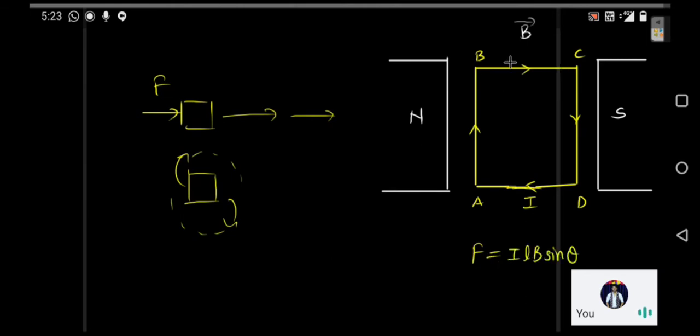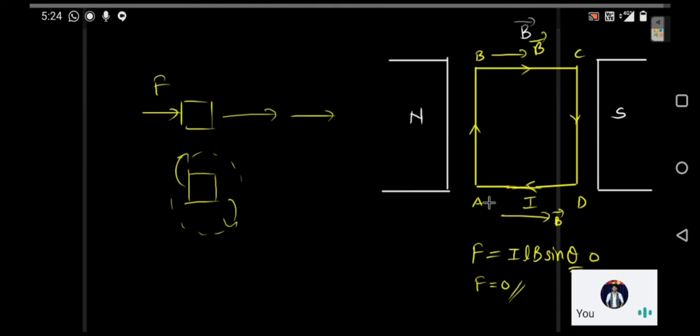For these two sides, BC and AD, the forces are going to be 0, because the magnetic field is going in this direction, the current is also going in this direction. So L and B are in the same direction, so theta is going to be 0. For the other side, B is going in this direction, I is going in the opposite direction, so theta is going to be 180 degrees. That is how the force for these two arms is going to be 0.